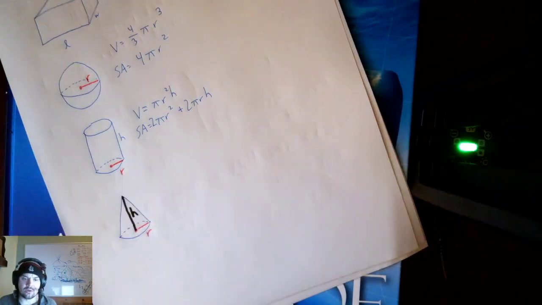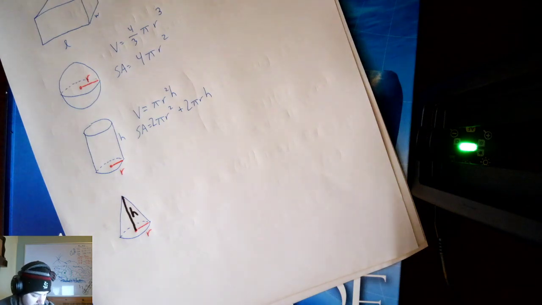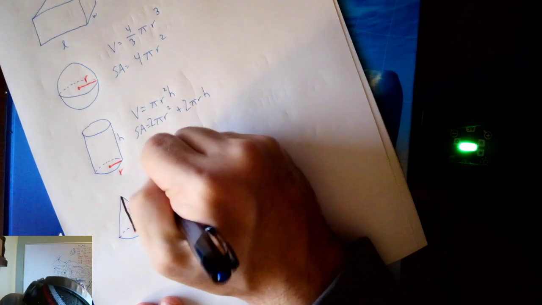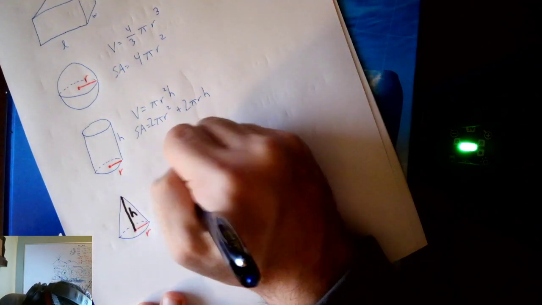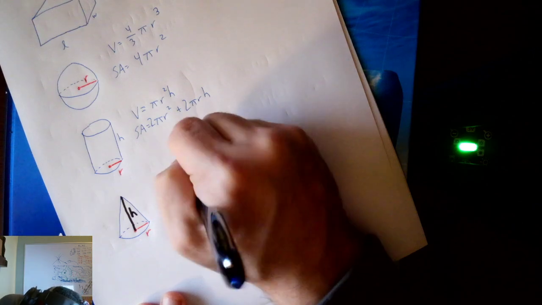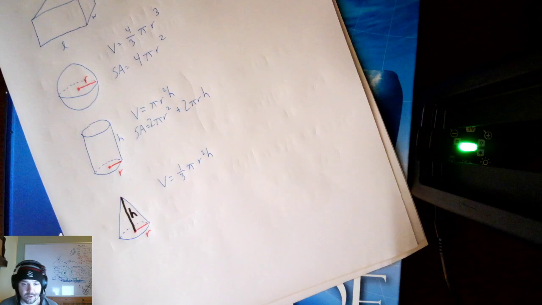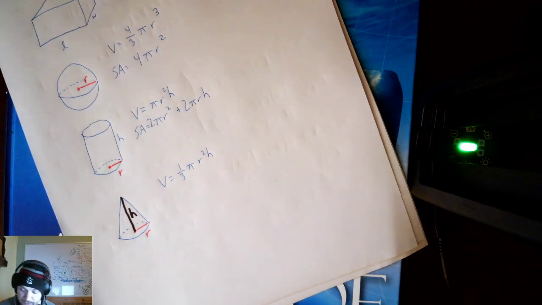How tall is the cone and what's the radius of the cone? Now, the volume is equal to 1/3 pi r squared h. One-third pi r squared h. That's the volume for a cone.